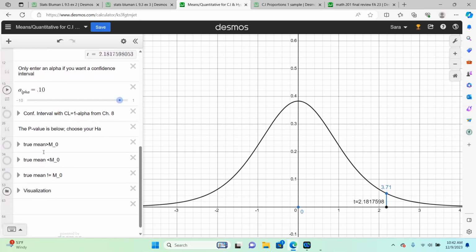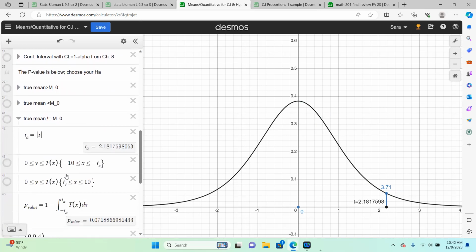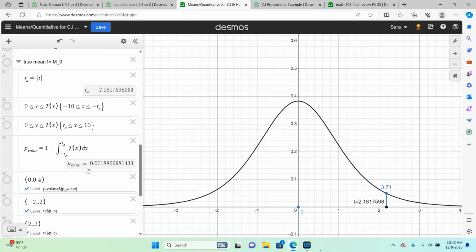And then this is a test of not equal to, so I'm clicking on this one here, on row 41, and then we're going to go down. Our p-value is 0.0719. And then we'll go back to our paper and we're going to compare that to our alpha.